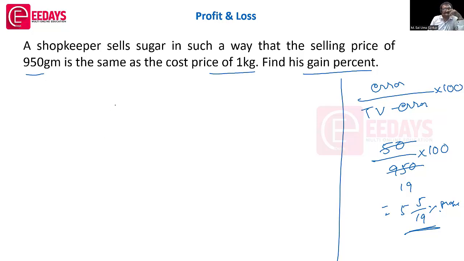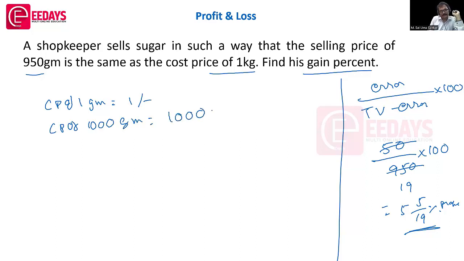Let's see without the formula. A shopkeeper sells sugar in such a way that the selling price of 950 grams is the cost price of 1 kg. CP of 1 gram is equal to 1 rupee. CP of 1000 grams is equal to 1000 rupees. CP of 950 grams is equal to 950 rupees.